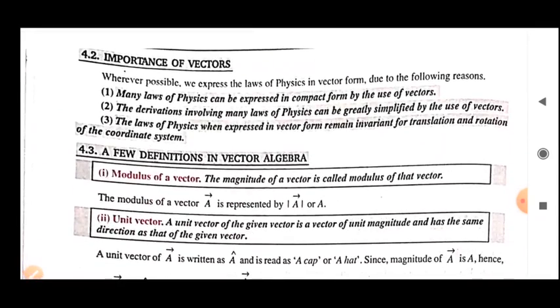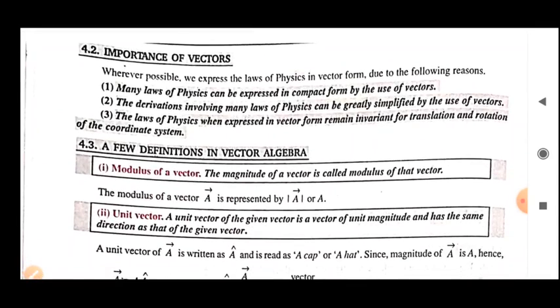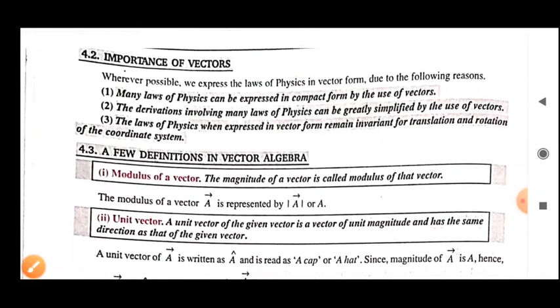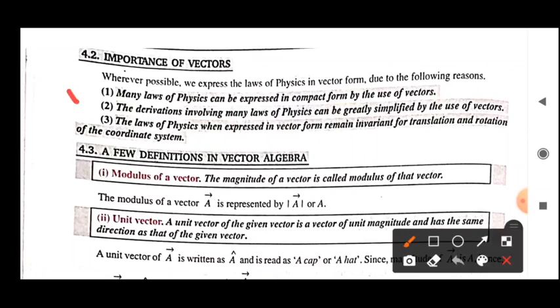Now let's see why vectors are important, why we are studying this. You can see the importance of vectors from these three following lines. First, many laws of physics can be expressed in compact form by the use of vectors.